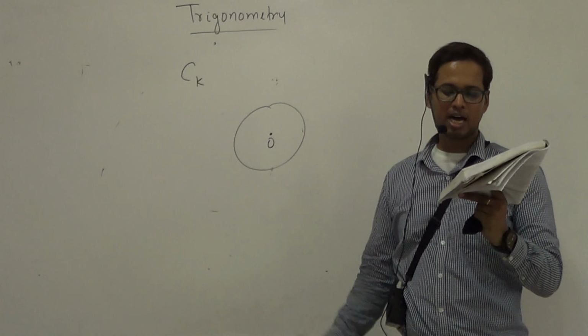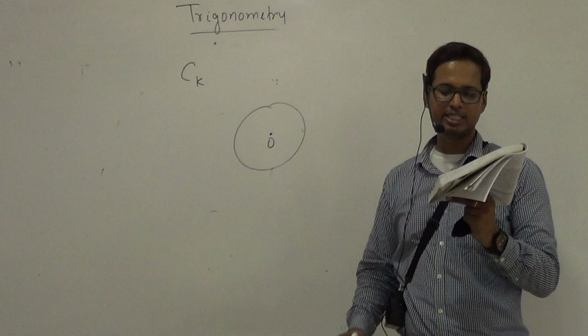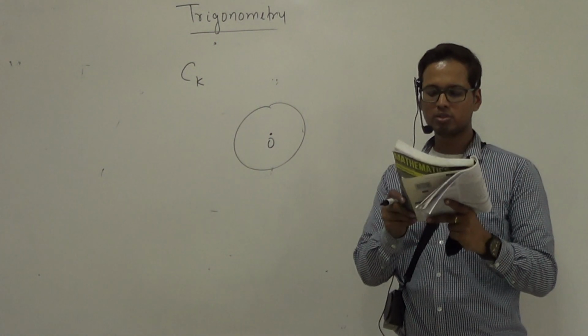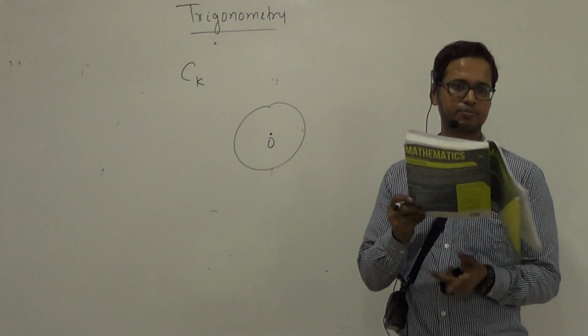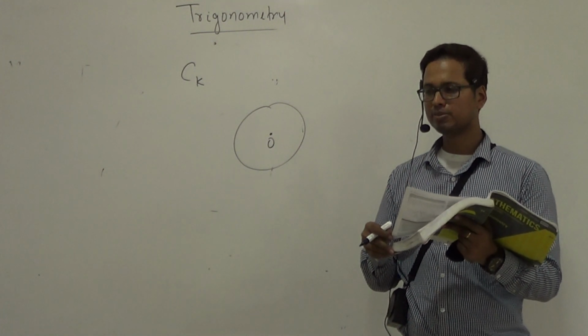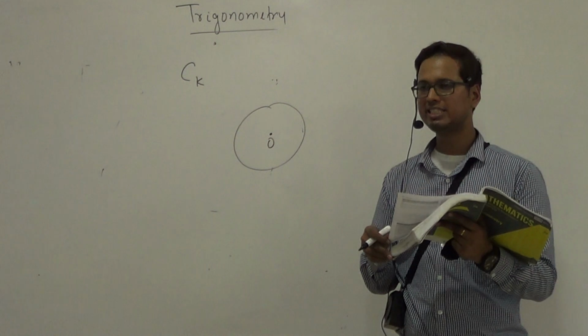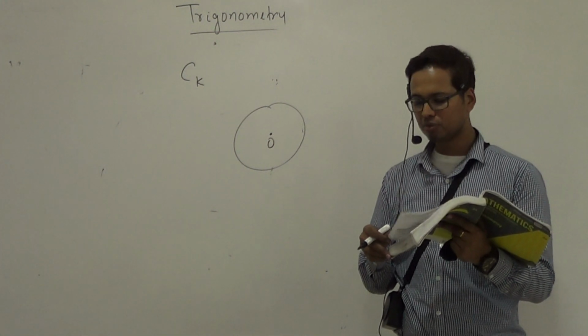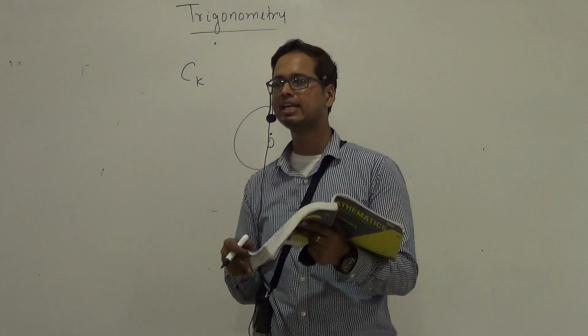After completing its motion on C_k, the particle moves to C_(k+1) in the radial direction.